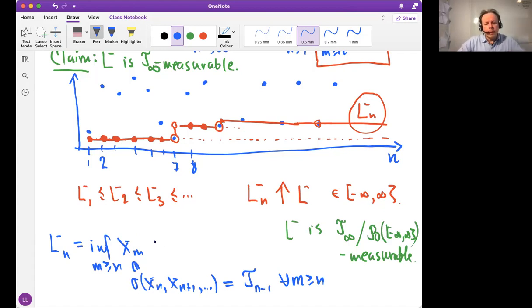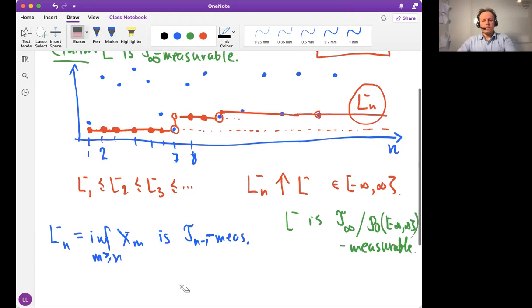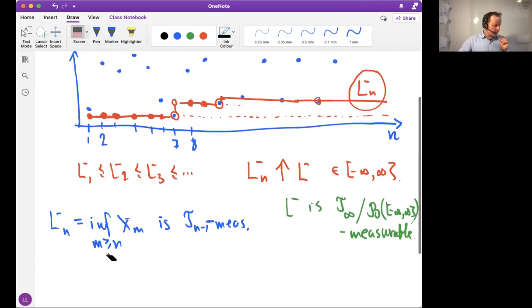So that's why this infimum is also T_{n-1} measurable. That's the first observation. Maybe I clean this one. So that's true.